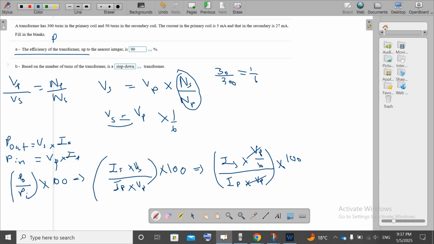VP cancels with VP and the 6 goes down, so it becomes IS over 6 IP times 100. Substituting the values, IS is 27 over 6 times 5, which is the IP, times 100, you get 90%.